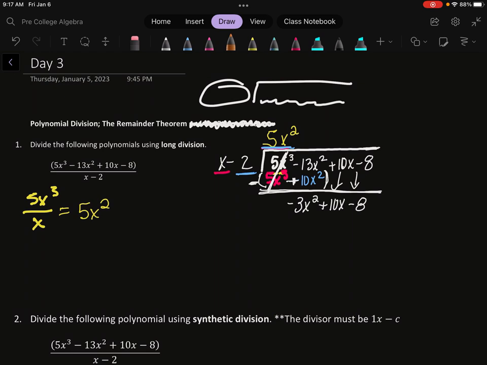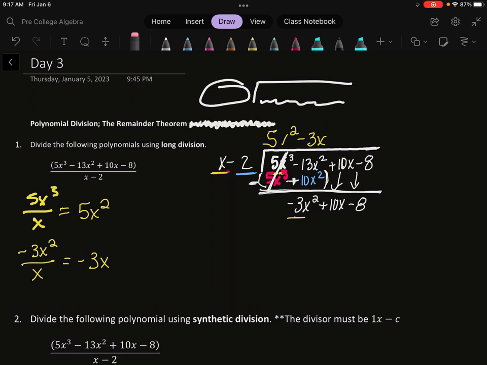So then we ask ourselves, how many times does this x go into this guy? So I come over to the side here, and I have negative 3x squared divided by x. Well, that's negative 3x. Okay, so I'm going to go back here. I'm going to put negative 3x up at the top.